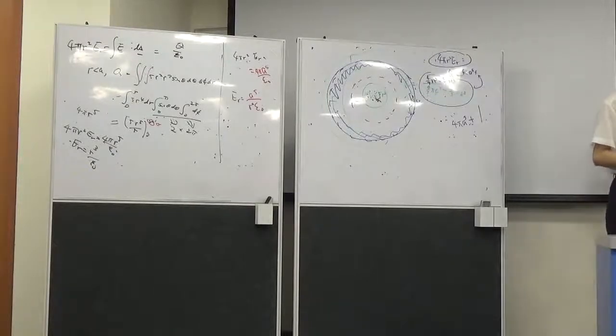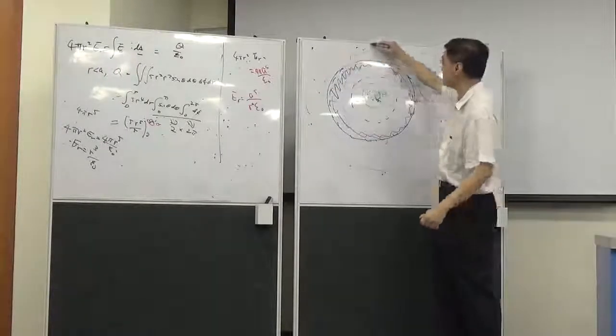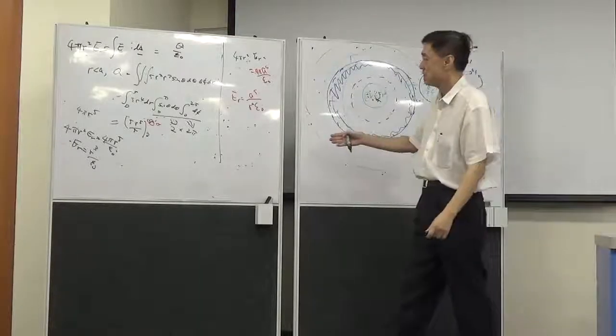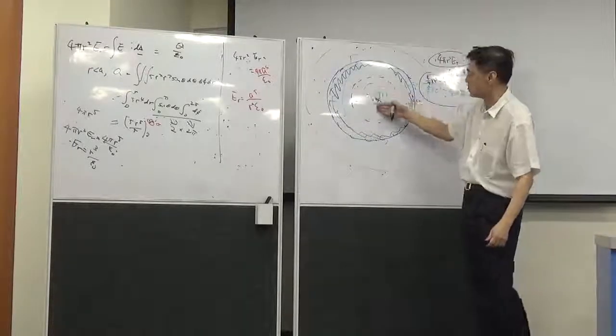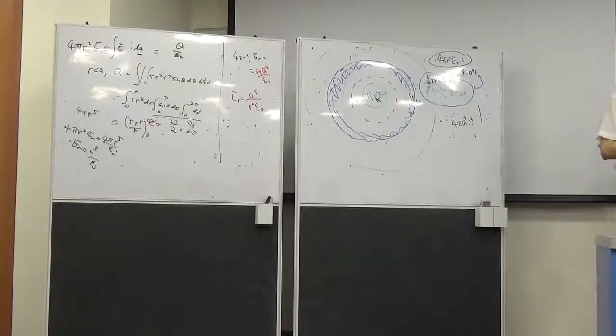Because they tell you that the total charge inside this shell here is 1 coulomb. So since now we draw a Gaussian surface outside, the total charge is equal to 4 pi a5, which is this one, plus 1 coulomb.